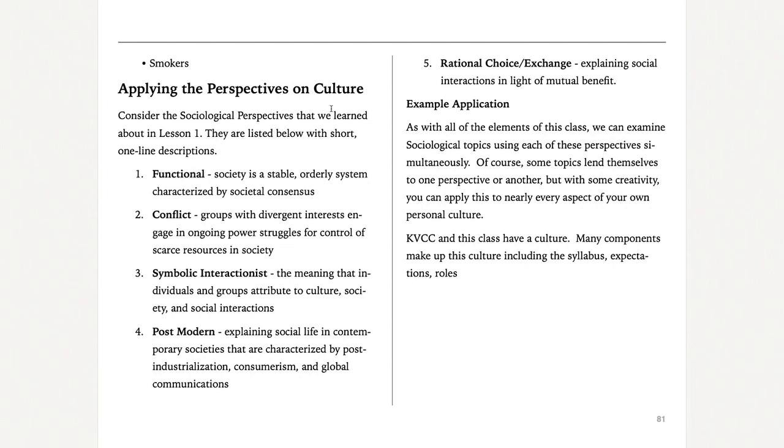Now, we've talked about the perspectives: the functional perspective, the conflict perspective, symbolic interactionist, postmodern, and rational choice exchange. We can talk about aspects of culture. So in the course book, I actually go into this class. This class exists as a group, and we'll get into defining a group.